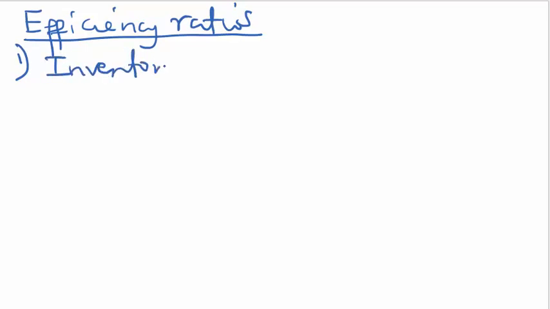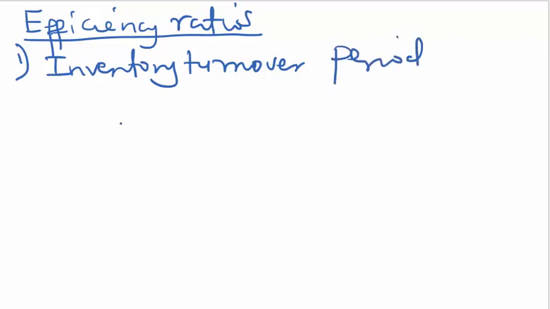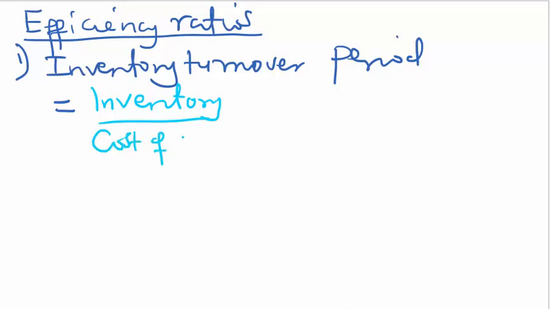Inventory turnover period is measured as your inventory divided by your cost of sales, multiplied by 365 days. It looks at the number of times you turn over your inventory, and it's calculated in terms of number of days.